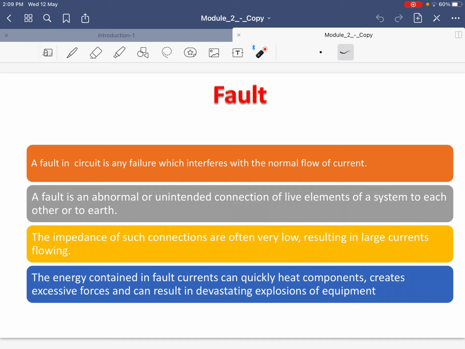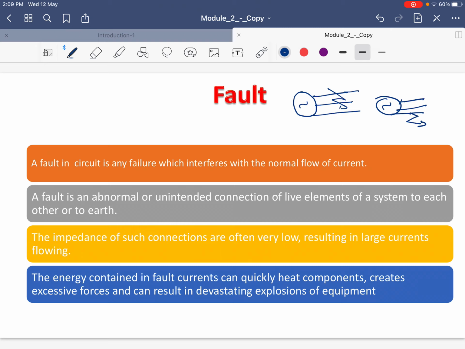For example, if you have a generator with three-phase connections, as I am showing here, there may be an unintended connection between two lines, or between any one line and the ground, or a fault on all three phases.